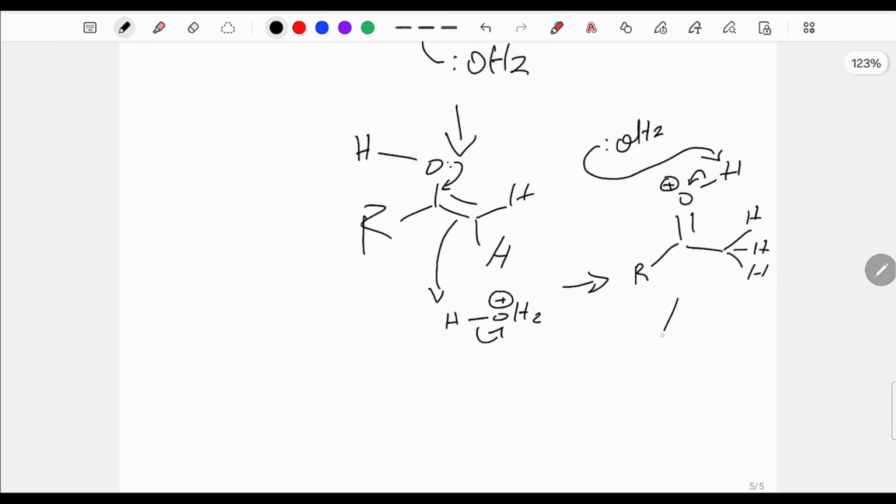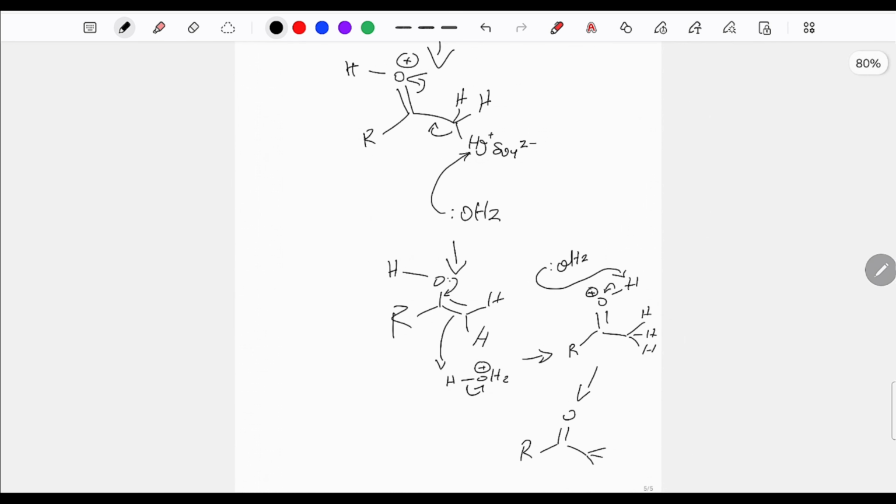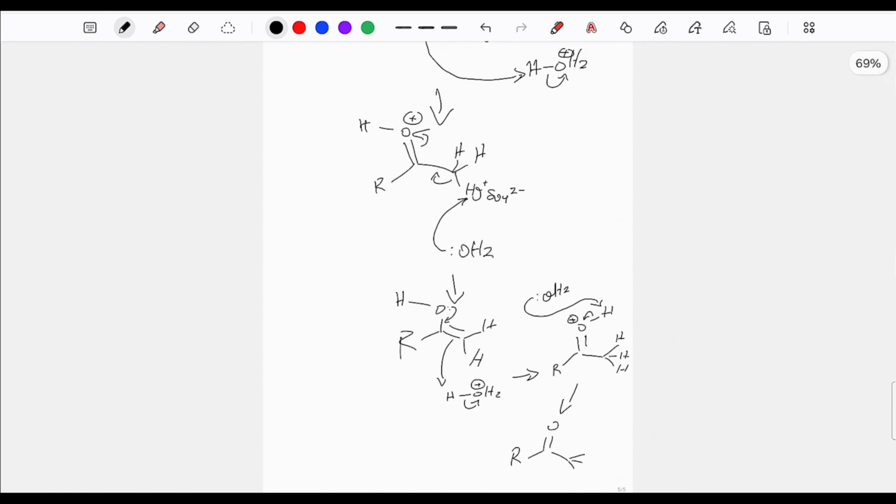And that generates us our ketone. Okay? So that's my methyl ketone there. And there you go. That is the tautomerization occurring under our acidic conditions.